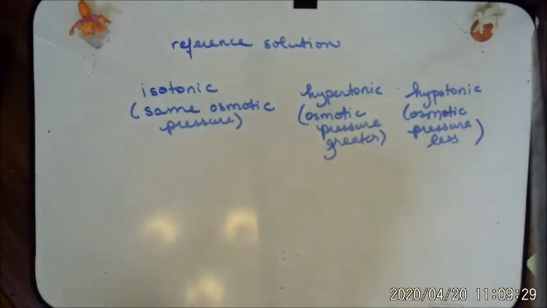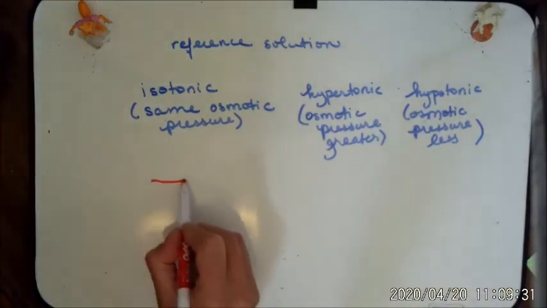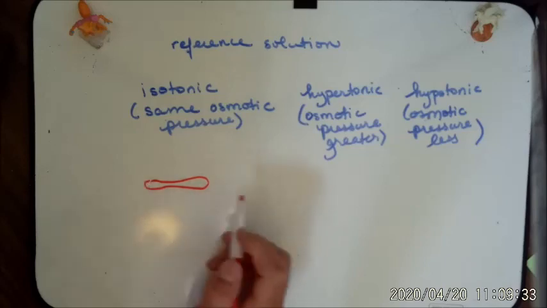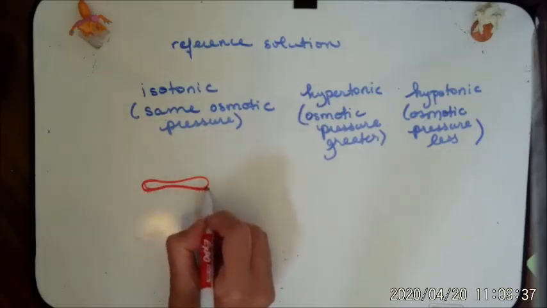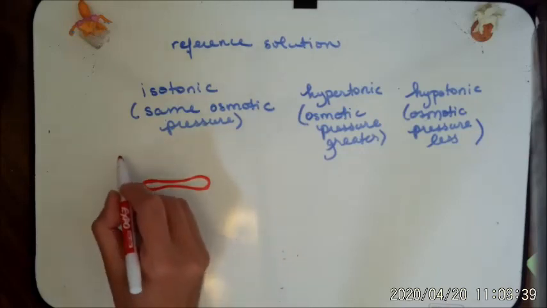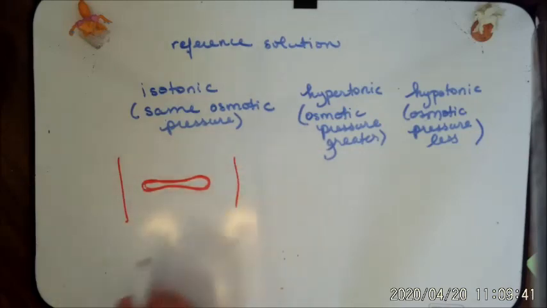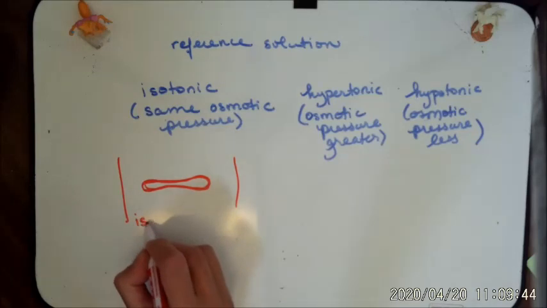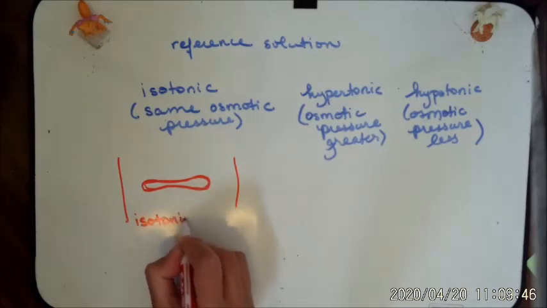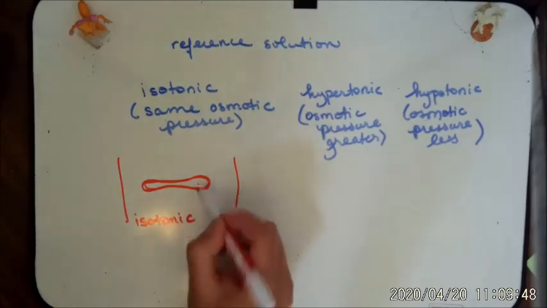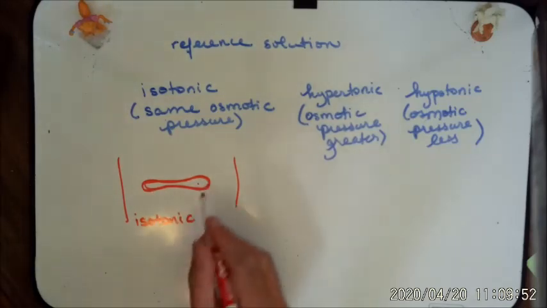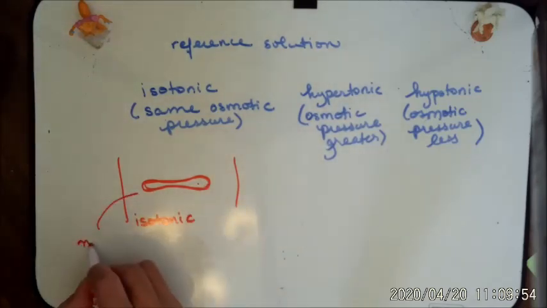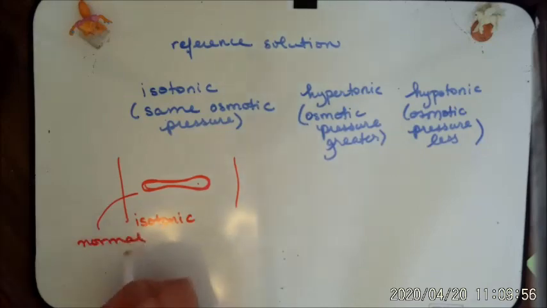Okay? So if I have a red blood cell, and we're looking at the outside pressure of my plasma, and my plasma is isotonic with the pressure inside my red blood cell, it's going to just look like a normal red blood cell.